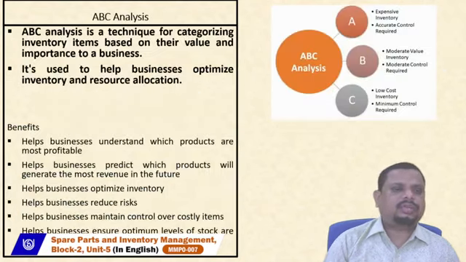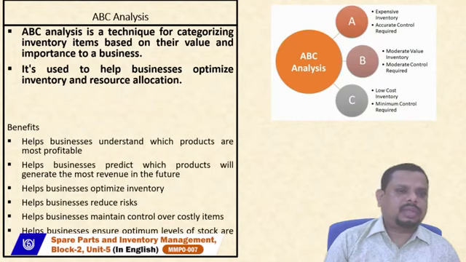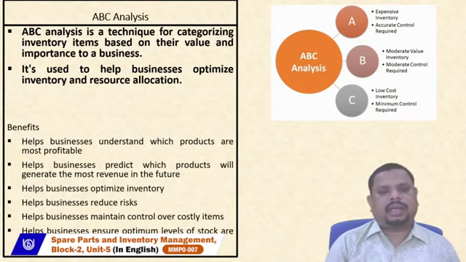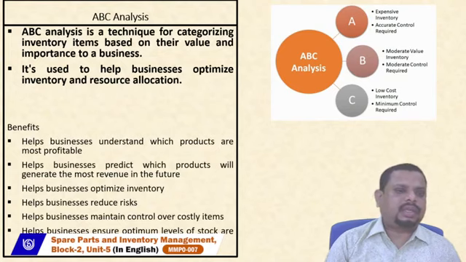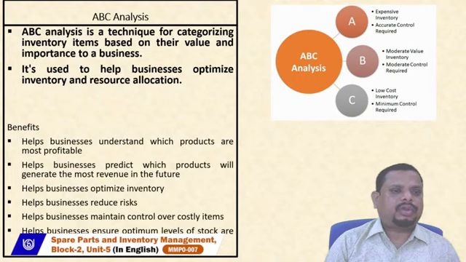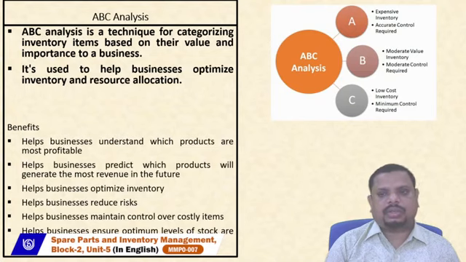Moving to the next one, we have what is known as ABC analysis. ABC analysis is a technique for categorizing inventory items based on their values and their importance to the business. It is used to help the business optimize inventory as well as resource allocations.